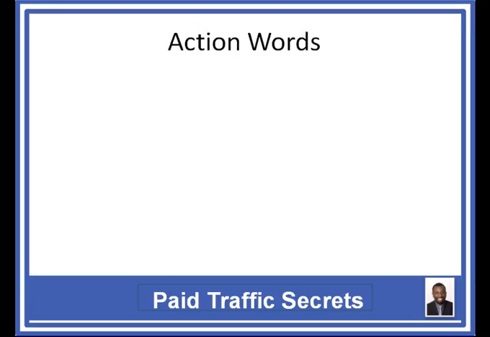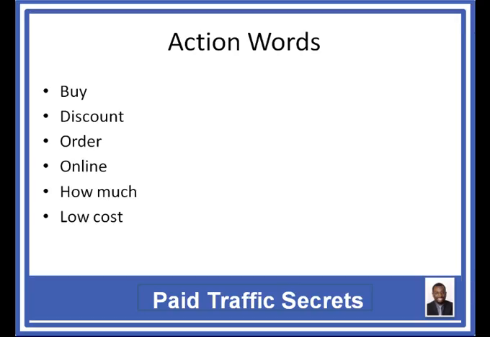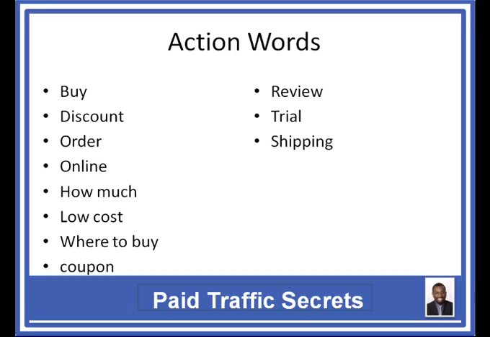Now let's talk about some action keywords, okay? So we were talking about the main keywords there. Some of the action keywords you're going to find are buy, discount, order, online, how much, low cost, where to buy, review, trial, shipping, special, compare.